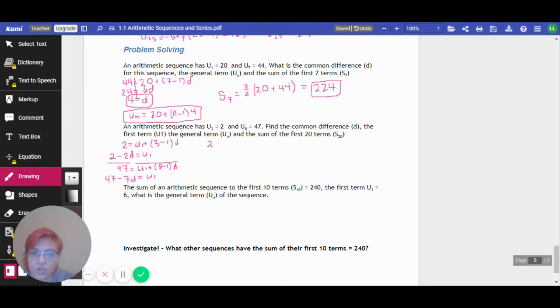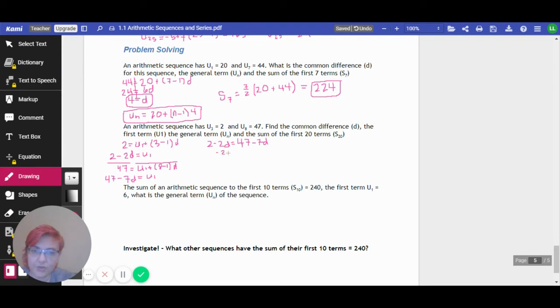I'm going to write that 2 minus 2d is equal to 47 minus 7d. I'm going to subtract 2 from both sides to get started.